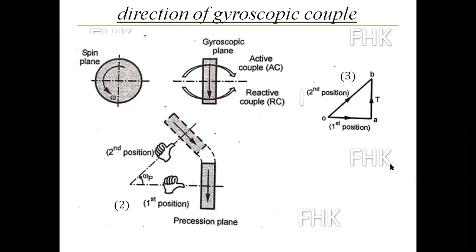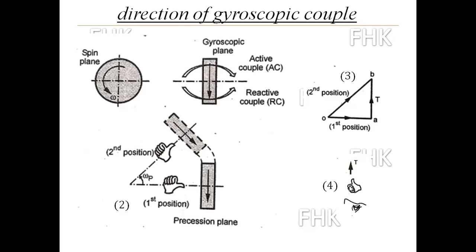We have already found the direction of the resultant vector AB. Now we have to convert that resultant vector, which is in the precession plane, into the gyroscopic plane. So I will see that direction from the bottom at my right hand. The direction of the thumb is showing the direction of vector AB.